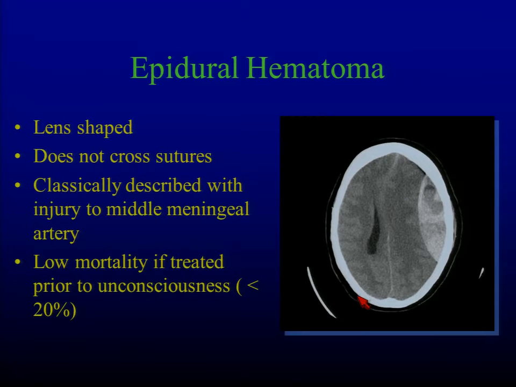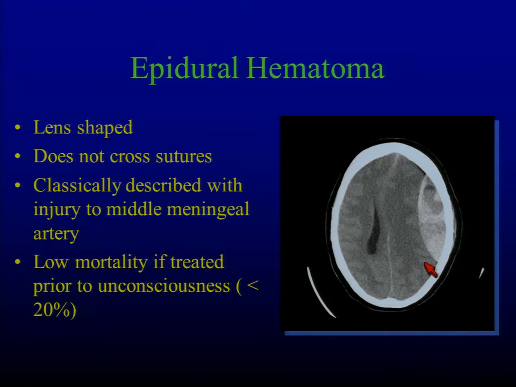So what kind of blood, as an emergency physician, do I hope all of my residents can identify? I hope they graduate able to just stand across the room and say epidural, subdural, et cetera. So epidural is lens-shaped, and we know it can't go past a suture. I have the coronal suture of the skull right here, so it's not going to cross that suture. And I have the lambdoid suture of the skull back here, so it's not going to cross that suture.